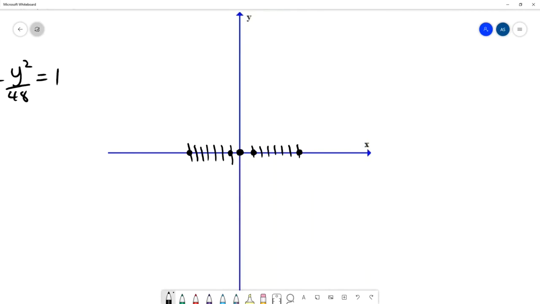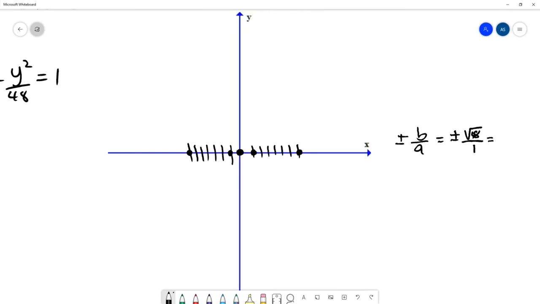And then if you'll remember, the asymptotes are going to pass through the center, and they're going to have a slope of b over a, actually plus and minus b over a. So we saw that b was the square root of 48 and a was 1. So let me approximate square root of 48. I'm just going to punch that in my calculator real quick.